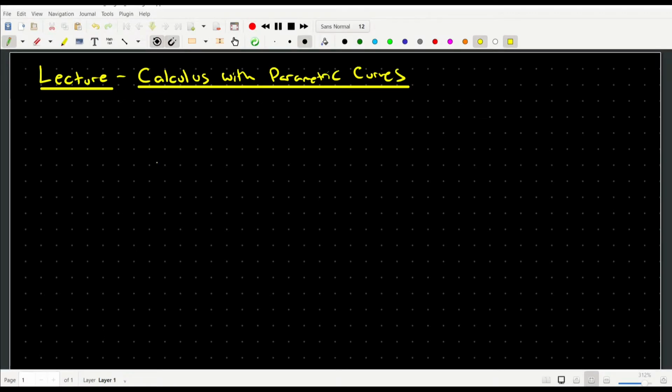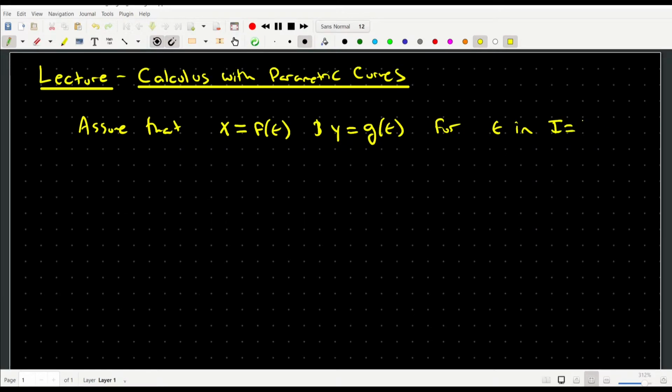So for the following, let's assume that we have a parametric curve where the x-coordinate is a function of t, and specifically we'll say that it's some function f of t, and y is some function g of t, for t in some interval I from a to b, where a is the beginning point of this interval, b is the end point of the interval.